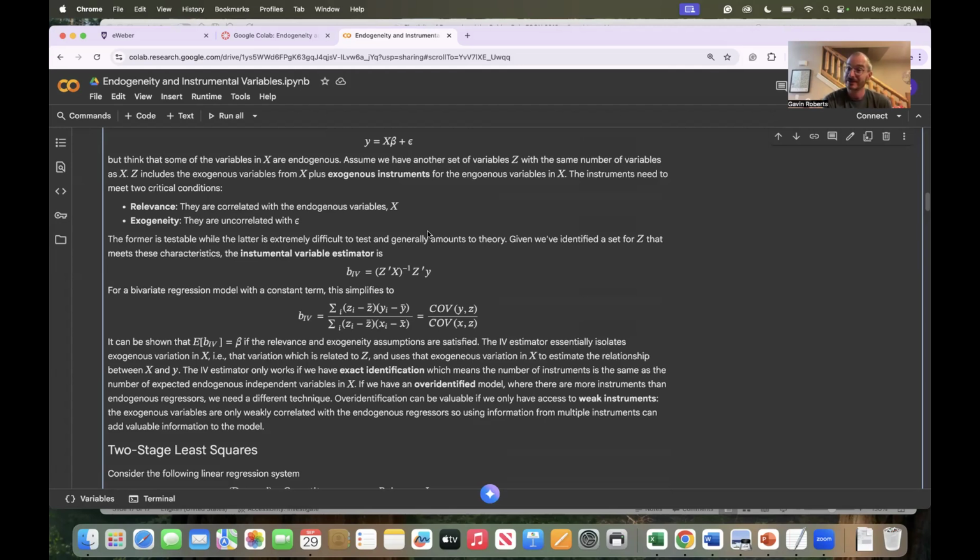Now, this is obviously a trade-off because X is correlated with epsilon. If something's super, super correlated with X, it will also be correlated with epsilon because X is correlated with epsilon.